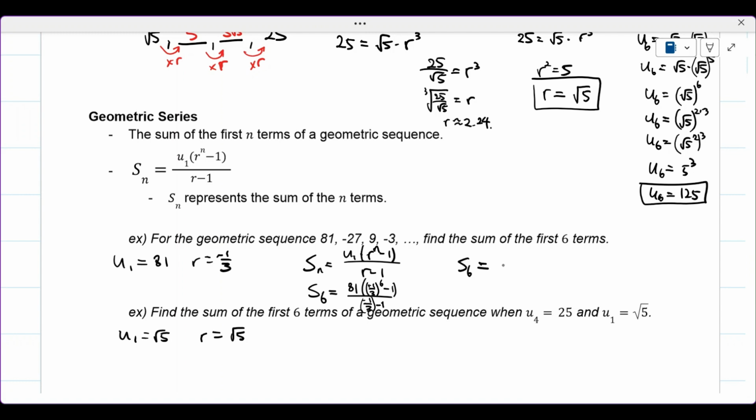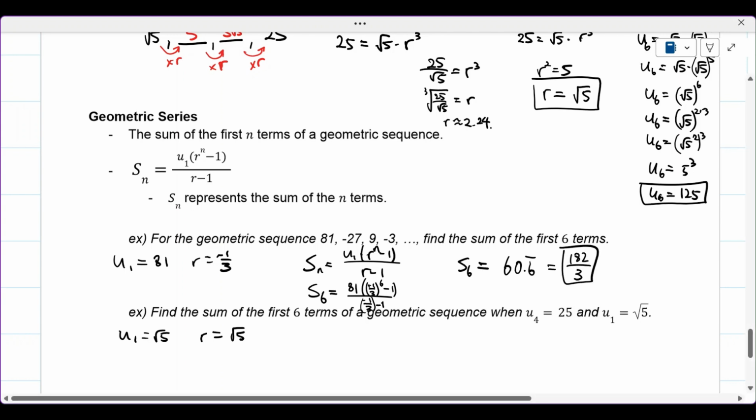And I got 60.6 repeating. And I think if I just press the fraction button, it turns out to be 182 divided by 3. So the sum of the first 6 terms is equal to 182 divided by 3.